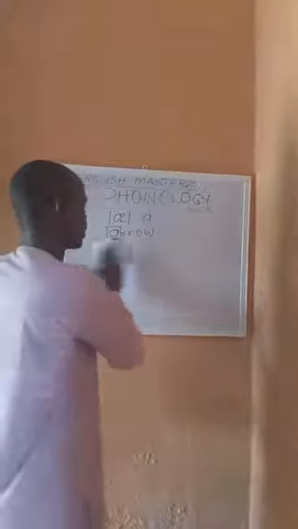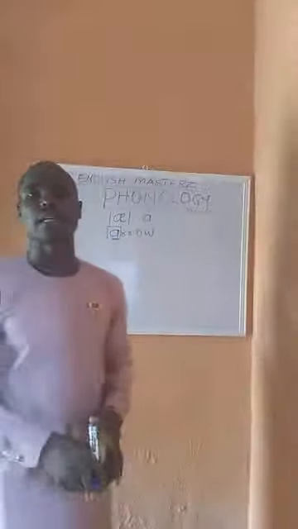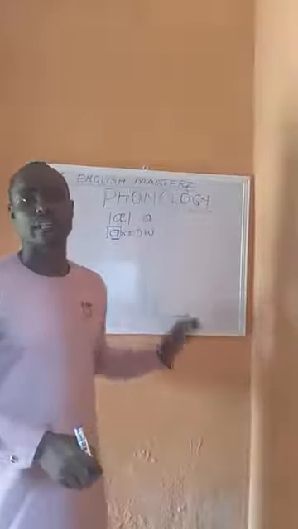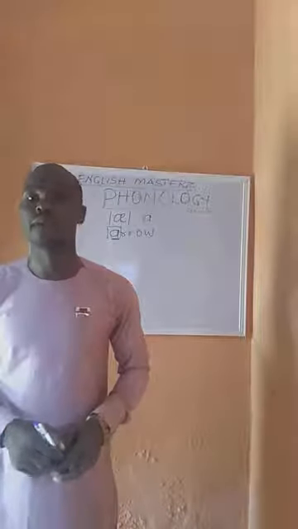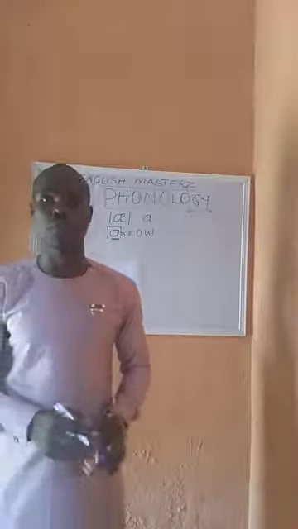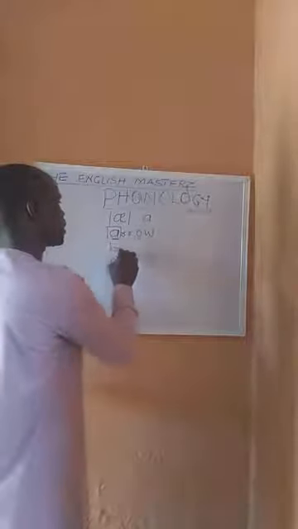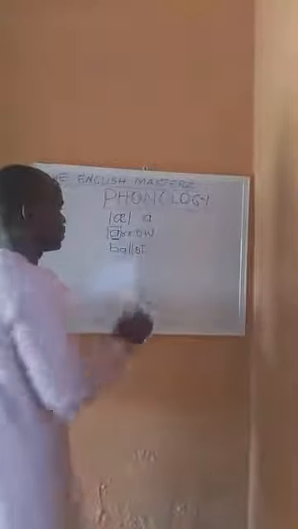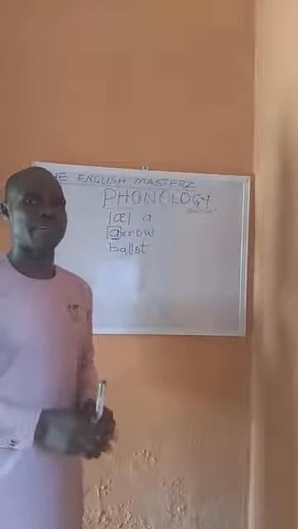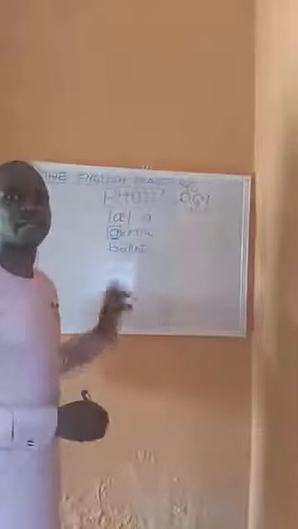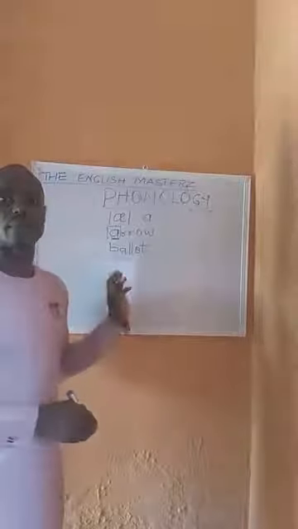Well, what is another example of a word where the letter A shows realization? Another example we have is B-A-L-L-O-T. Your pronunciation may be correct, but the word is pronounced as ballot. Ballot.